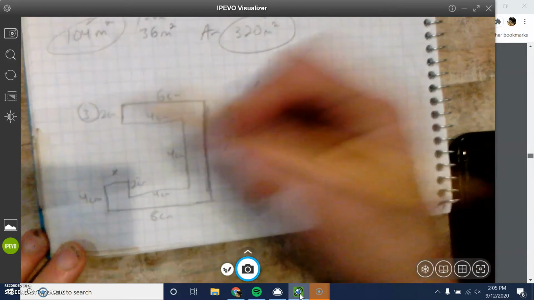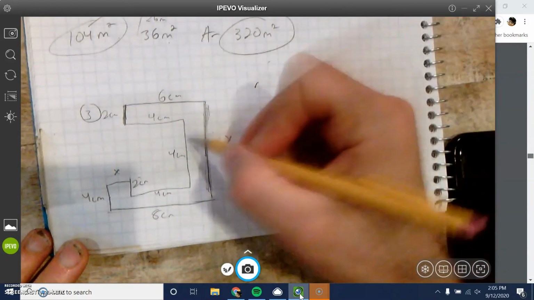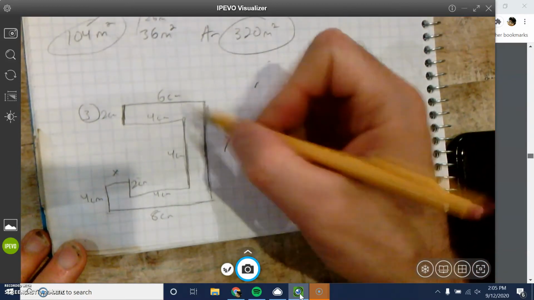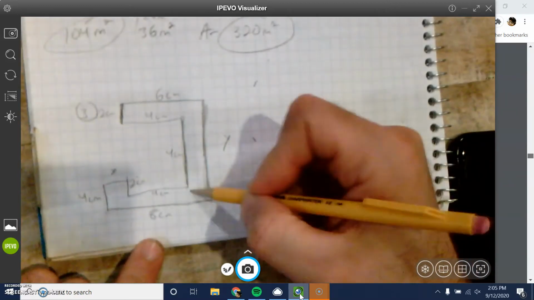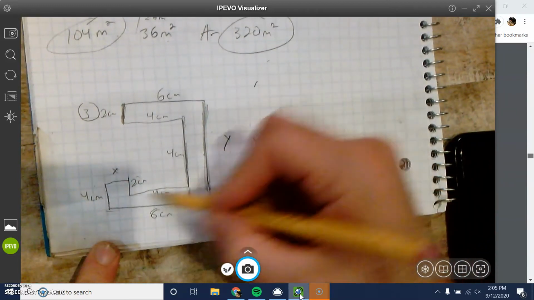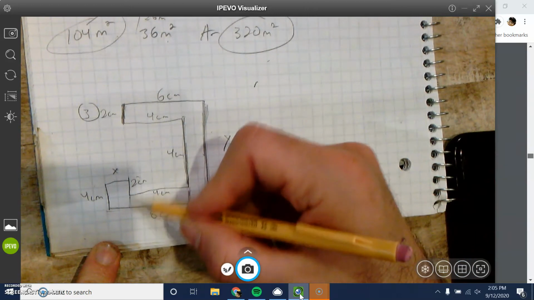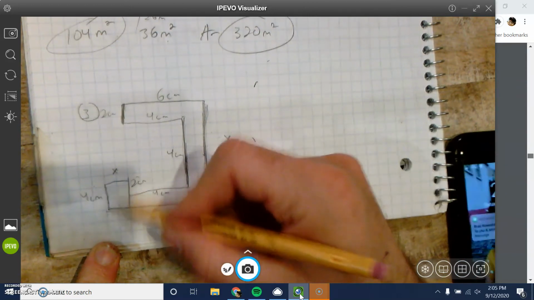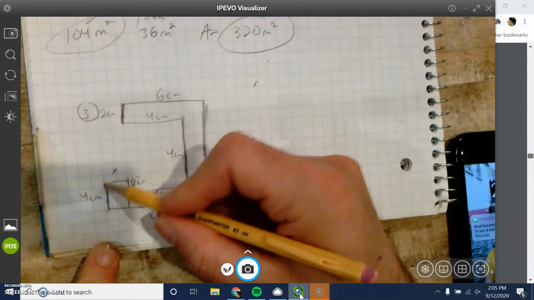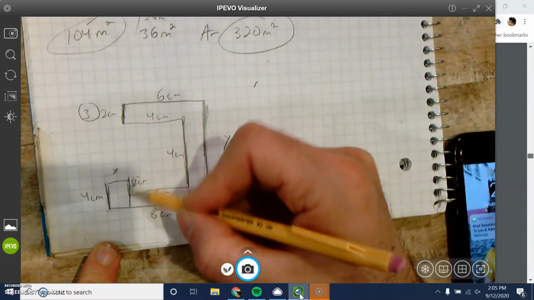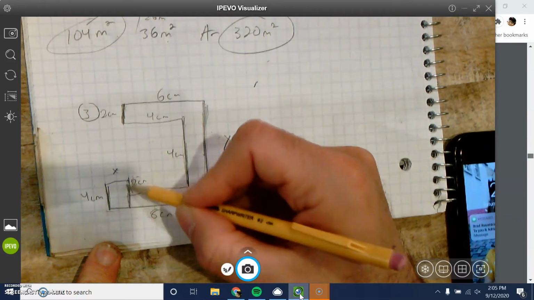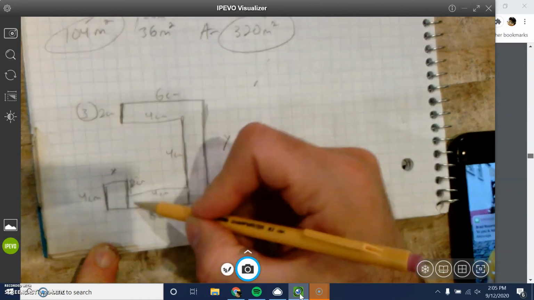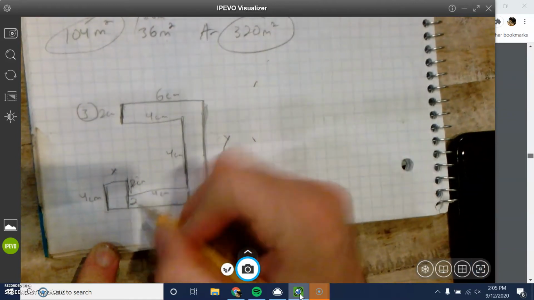So if this is 2, this is 4. So 2 plus 4 is 6. So if I just get this part, then I'm good. But what is this part here? Oh, let's use these also parallel. Okay, so 4, and this is 2. So this plus 2 is 4. So this is going to be, 2 plus 2 is 4.